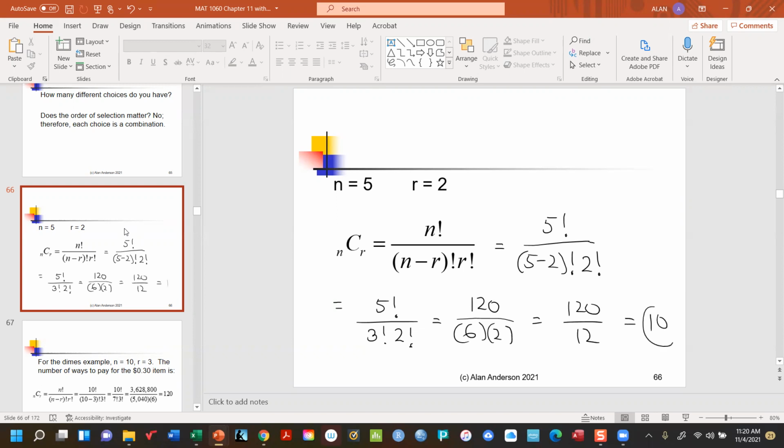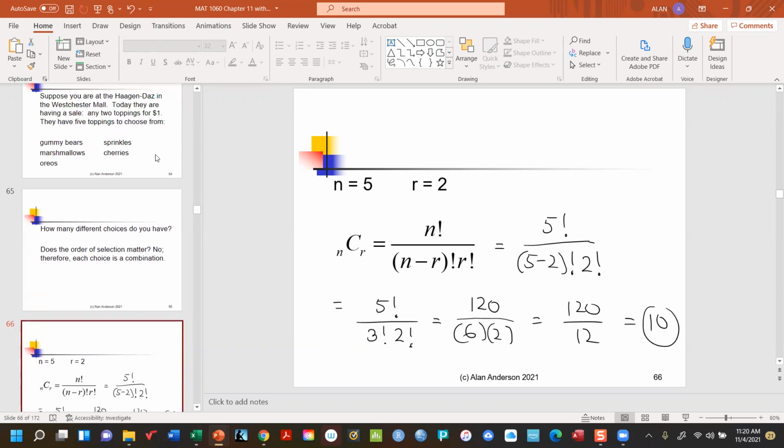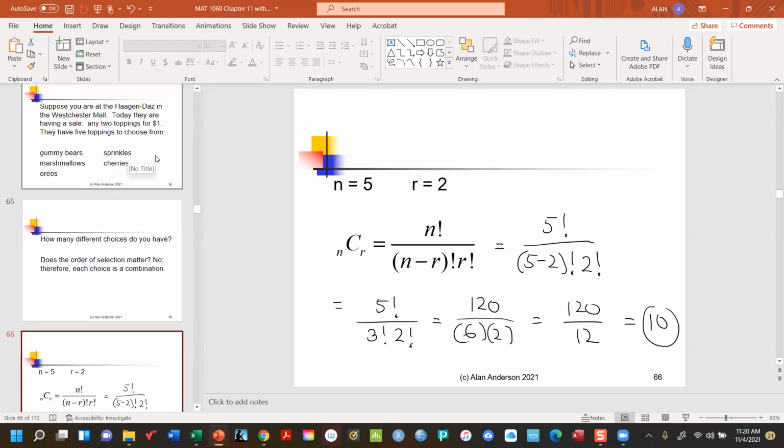Well, I spoiled the surprise a little. It turns out that there's 10. Now, if you wanted to, you could have written down a list. I made sure that all these choices have different starting letters, so it wouldn't have been that difficult, but let's just say this is easier.